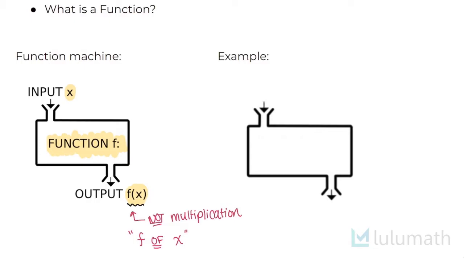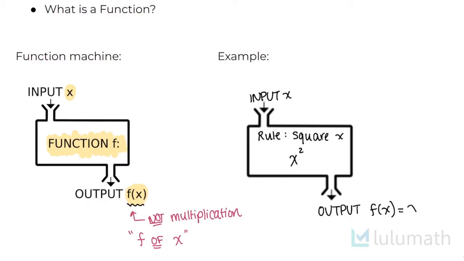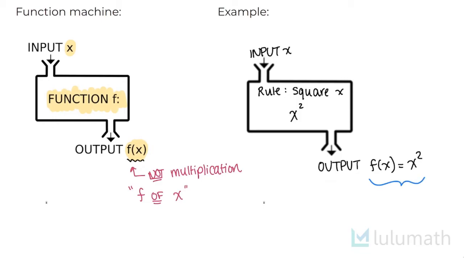So the first example that we looked at in the What is a Function video was having an input here, which we will call x. It can be any variable we want, and we squared it. So our rule was to square it. So we took x and we squared it, and it shoots out some type of an output for us, which is called f of x, but this time we know f of x is defined by the rule x squared.